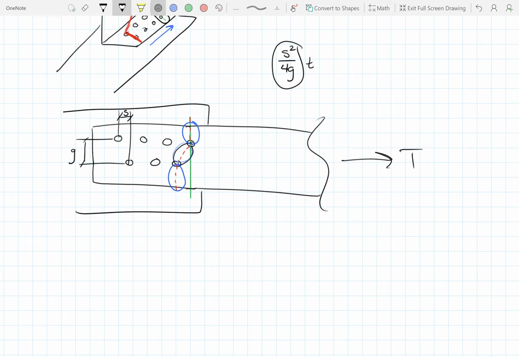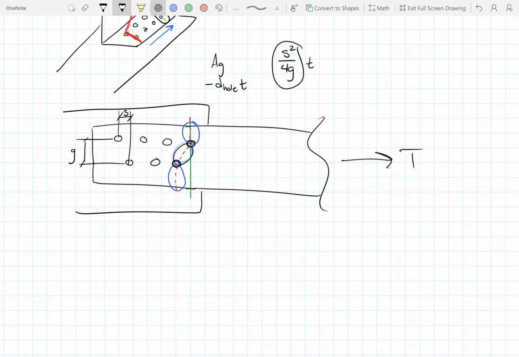So in this case, there's only one diagonal. You would add 1 S squared over 4G. You'd calculate AG as normal. Then you subtract the diameter of the bolt holes. In this case, there would be 2 bolt hole diameters to subtract, times the thickness.